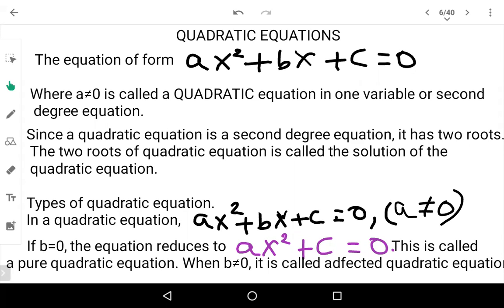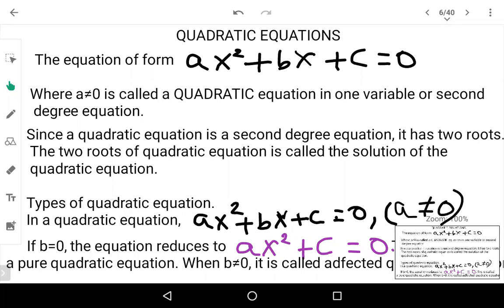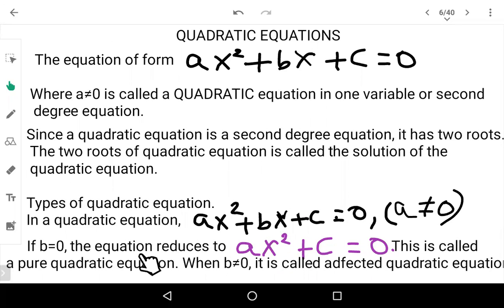Now see here, in a quadratic equation, if b is equal to 0, what is b? If you see this format here, b is the coefficient of x. If b is equal to 0, then the equation will be reduced to this format.